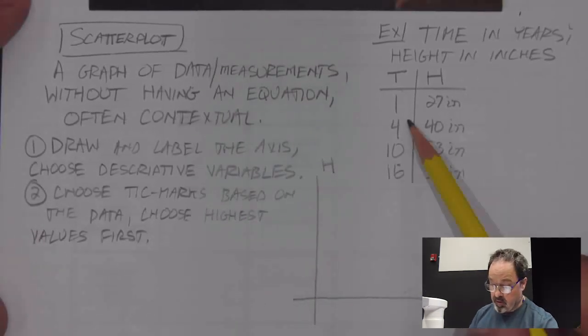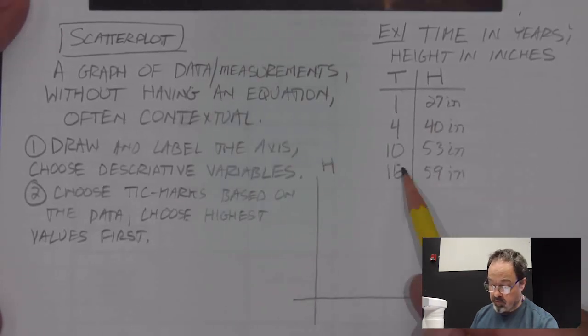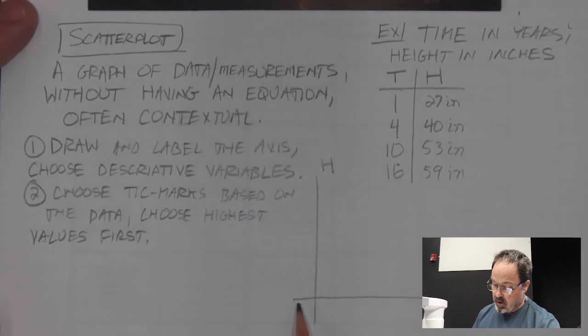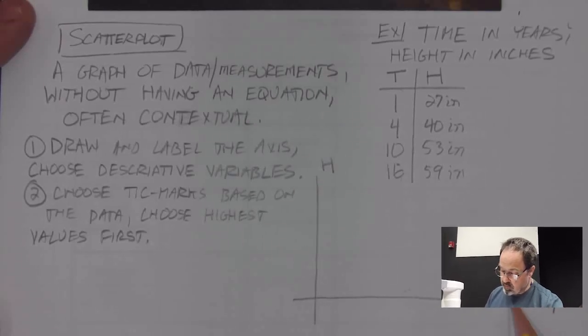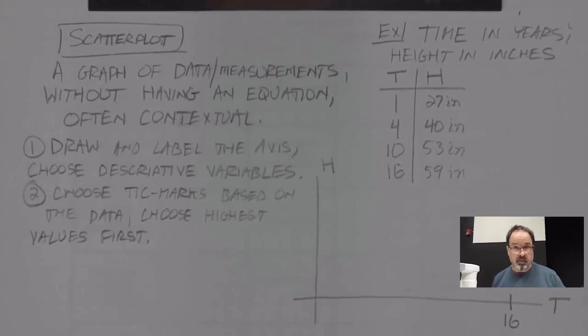I'm going to look at my time values in my data, and I'm going to look for the highest value, that's 16 in this set. So on the time axis, when I put down my first tick mark, I know that 16 is going to be the largest value that I need to represent. So I'm going to go way down to the right, not all the way, but close to the end, and make a tick mark there and put my highest value.